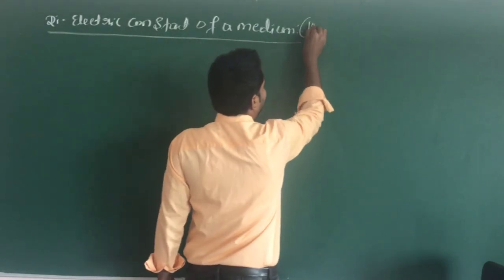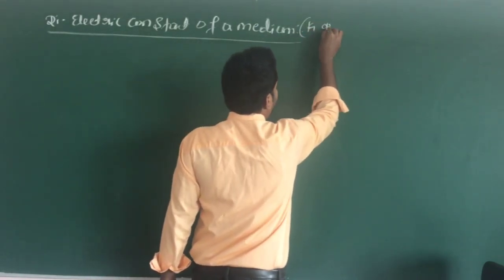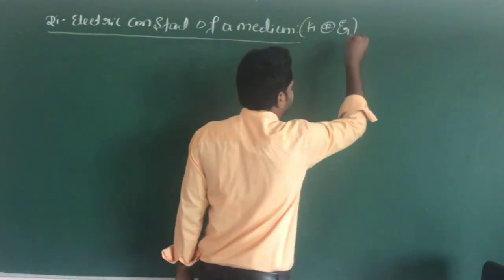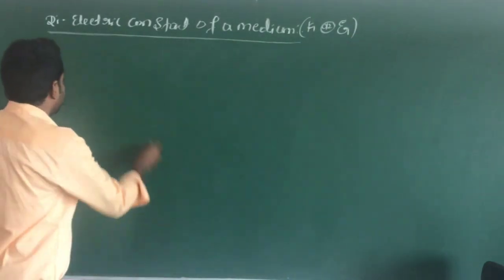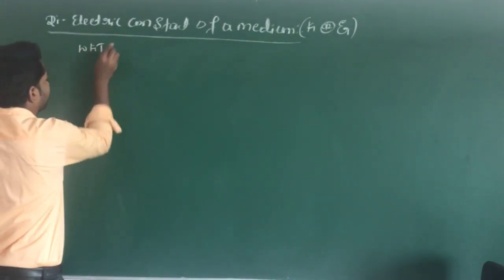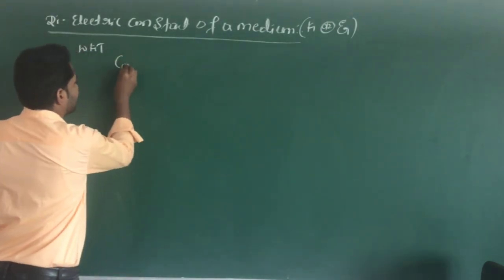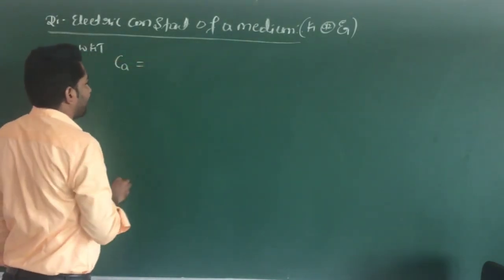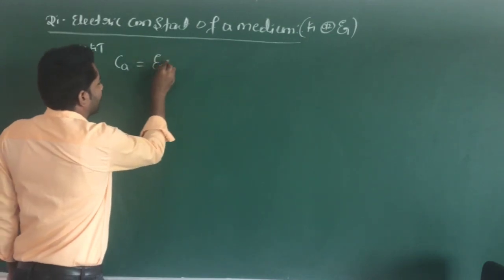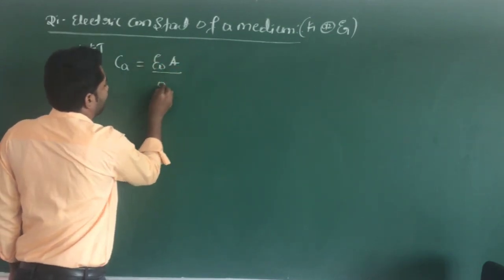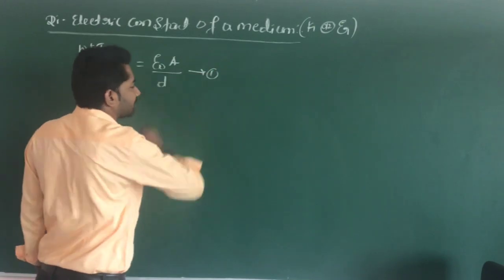It is mathematically denoted by the symbol K or epsilon r. Here we know the formula: the capacitance of a capacitor in air is Ca is equal to epsilon naught into A divided by D. This is equation number 1.